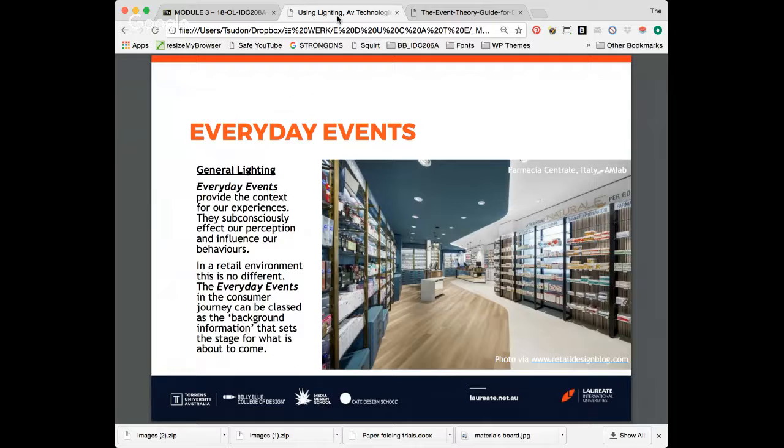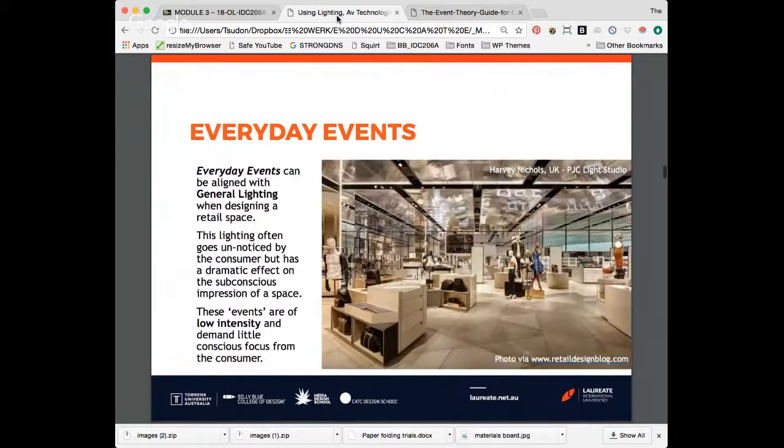So in the everyday events, the consumer journey can be classed as the background information. So these are areas of the store where the general product is being displayed. And in those areas, we can use general lighting when designing a retail space or a retail experience. So this lighting should often go unnoticed by the consumer, but it has that dramatic effect on this phenomenon of ambience as well.